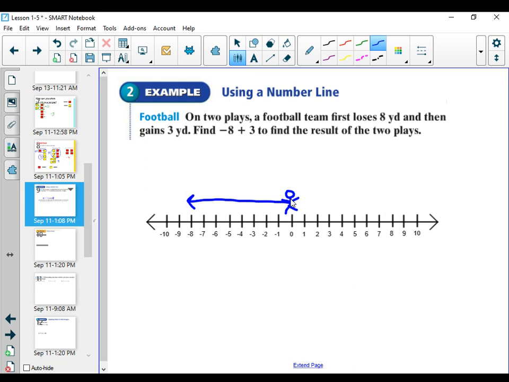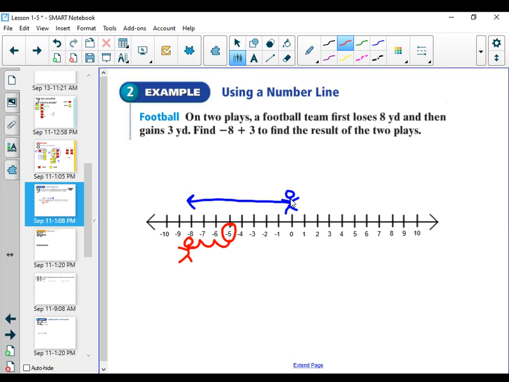Wah, wah, wah. Okay, new play. Second play, passes off, hands off to the running back, who gains 3 yards. 1, 2, 3. Now they're 5 yards back from their original spot.